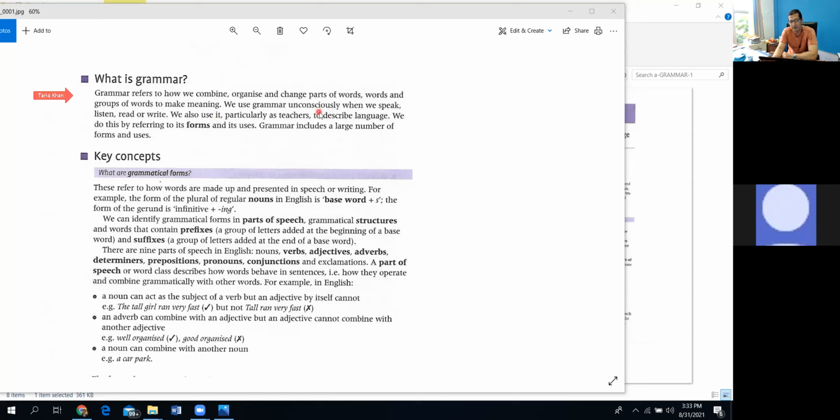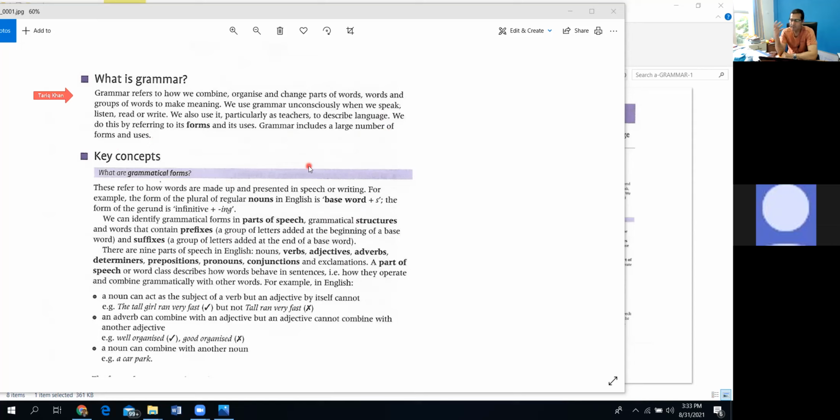We use grammar unconsciously when we speak, listen, read, or write. We also use it particularly as teachers to describe language. We do this by referring to its forms and its uses. Grammar includes a large number of forms and uses. Right.